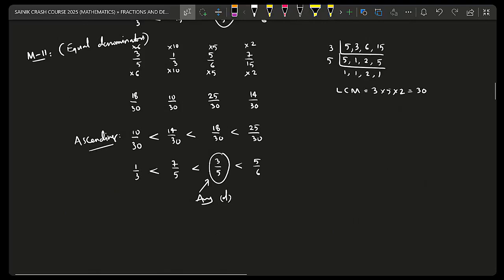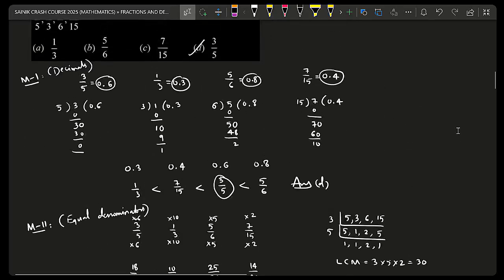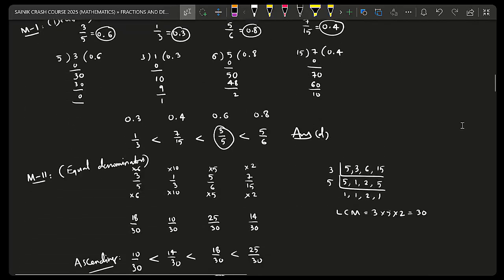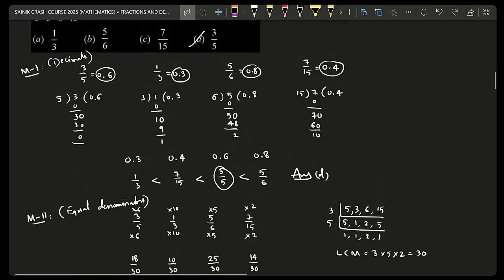In the first method we used decimals. In the second method we used equal denominators. Now, any other method can be used. Anvita, can you try any other method? Anvita, can you explain a third method?